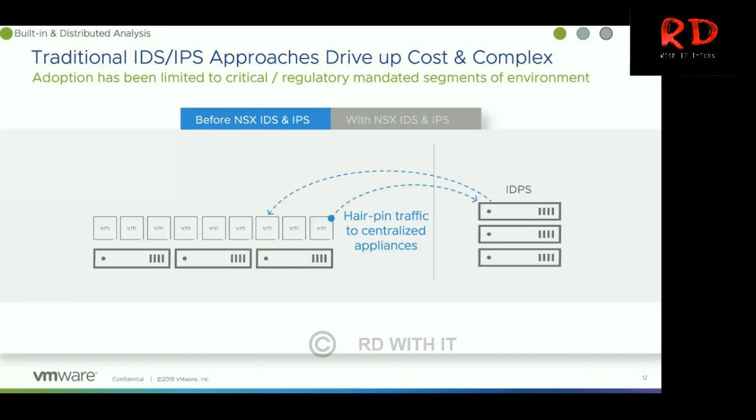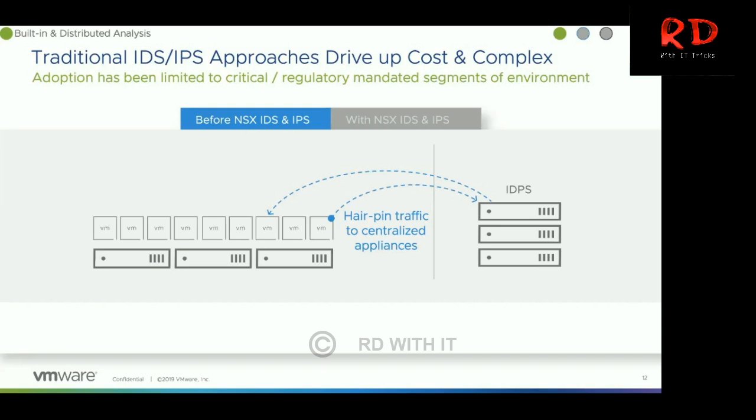So what happens is that you need to plan 3 years or 5 years ahead for how much inspection you really need for the IPS. And then you need to purchase that today. So you'd have to go out to market and overspend and get a high performance IPS IDS box.